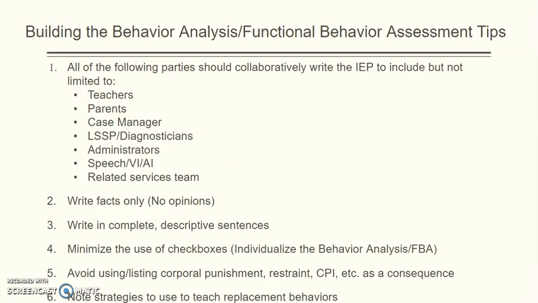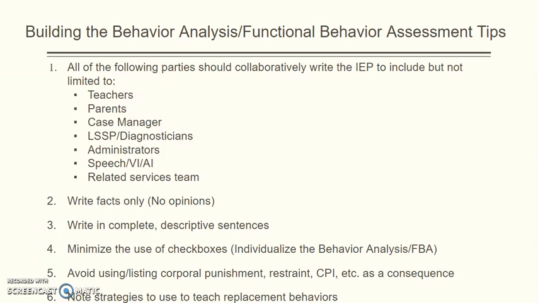Use these helpful tips to complete a strong FBA or BIP. 1. All the following parties should collaboratively write the IEP to include teachers, parents, case manager, LSSP, speech or VI or AI, and related services team. 2. Write facts only, no opinions. 3.